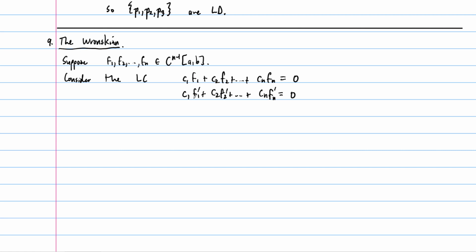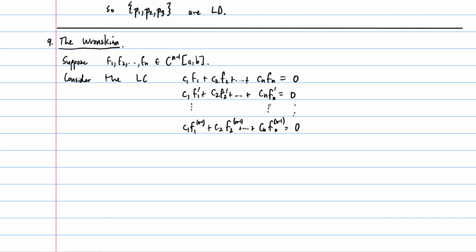And we can do this n minus 1 times, until we end up with c1 f1 to the n minus first derivative, plus c2 f2 n minus first derivative, all the way through cn fn n minus first derivative, equal to 0 as well.